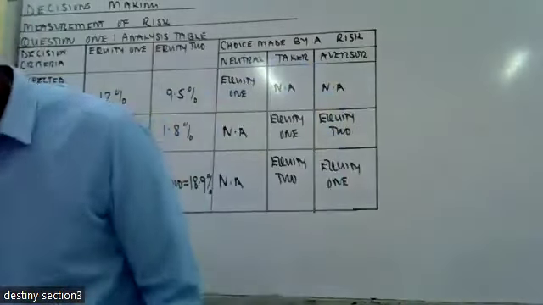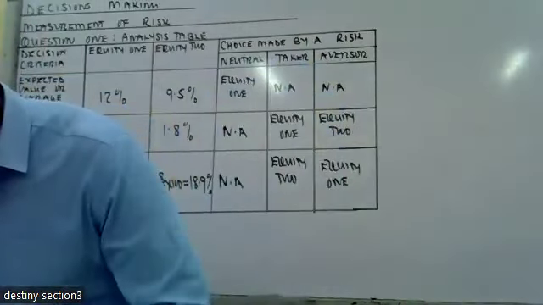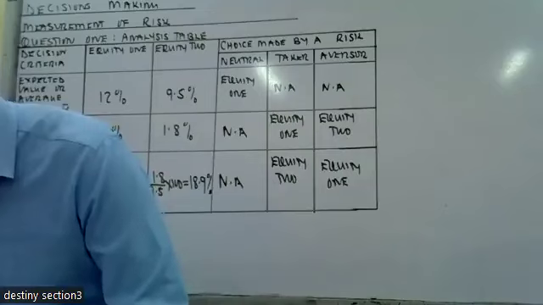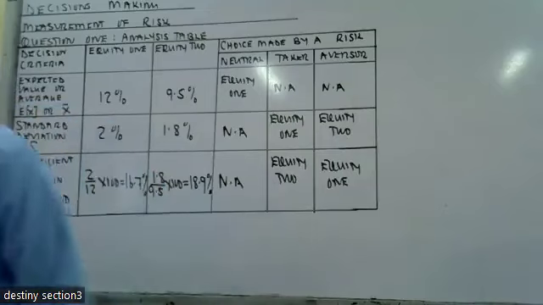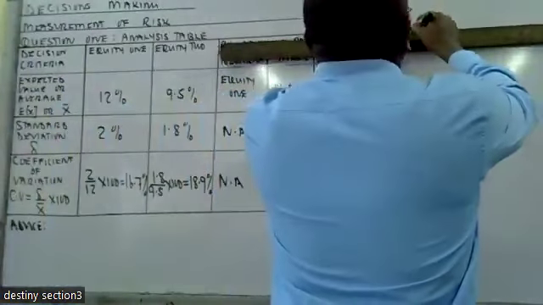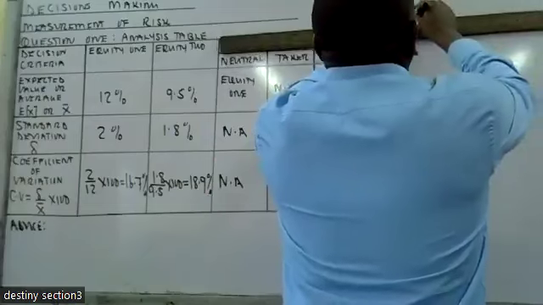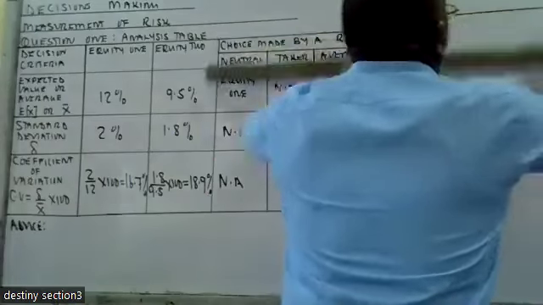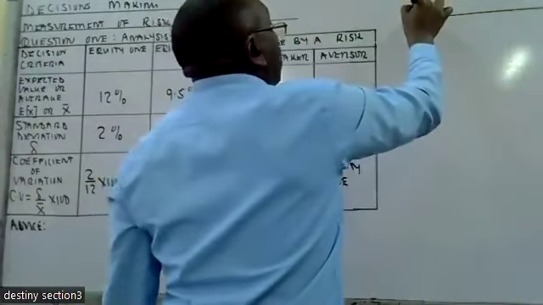Okay, the next one asks for the probability that equity 2 pays a higher average rate of return than the average rate of return paid by equity 1. So let's get the probability.